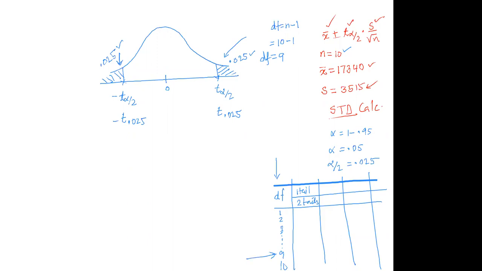Then I look at the column where area in one tail is 0.025, and area in two tails is 0.05. Wherever that column and this row intersect, the number that you get is your t sub alpha over 2.